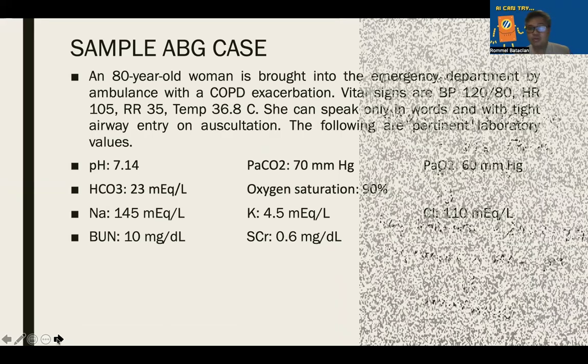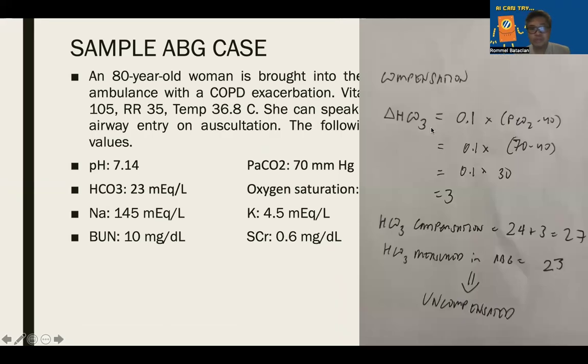Now again, going for the compensation. For the acute respiratory acidosis, you use this formula. Okay, so the table that I mentioned that you have to memorize. So the increase in bicarb is 0.1 times the actual PCO2 minus 40, so 0.1 times 30, so it's 3.